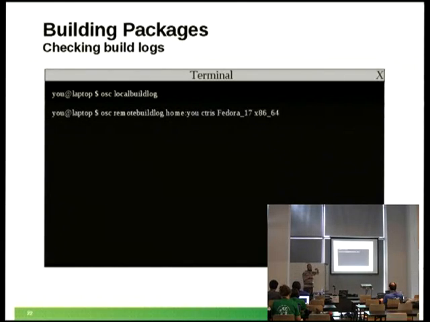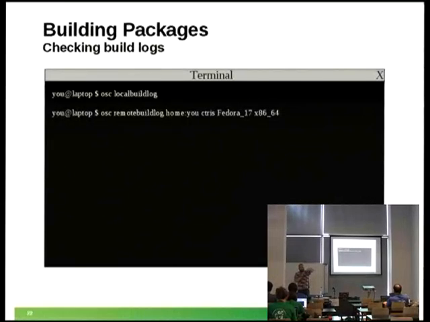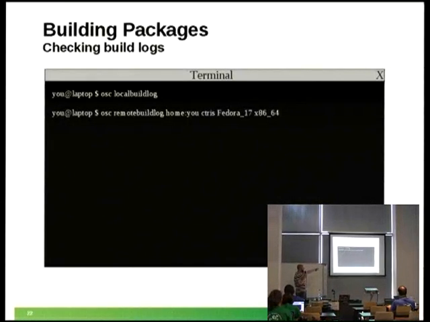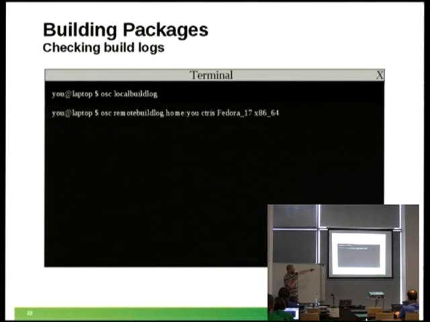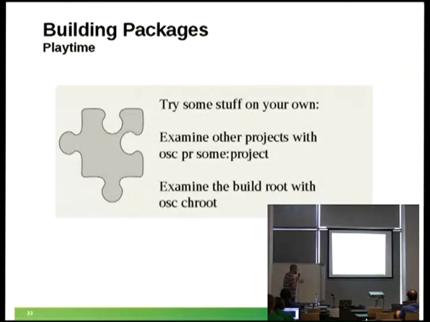You can also read the build log of the build service with osc remotebuildlog for your home directory, for the package, for Fedora 17 in the architecture, so you can check stuff. And you can also do that for everything else. So you can, for instance, look at all the build logs of the openSUSE distribution.